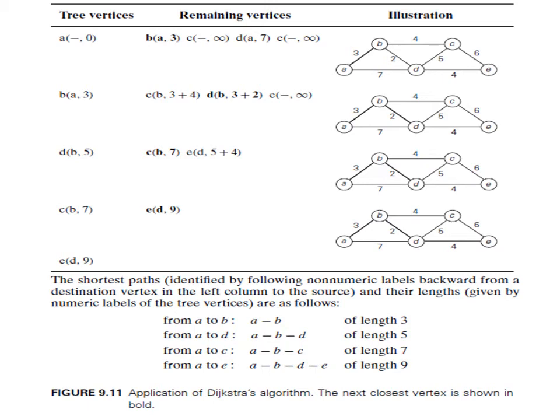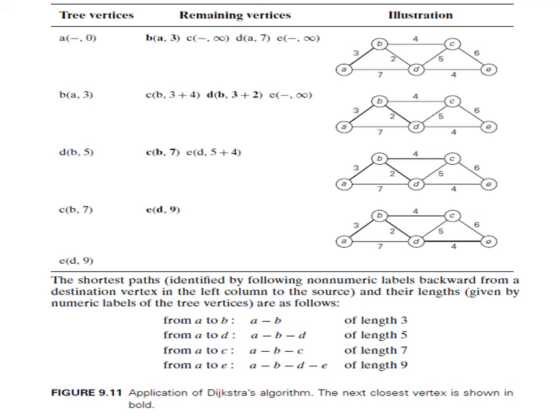We have to add that here, because it is not just a spanning tree construction here. We are going to find out the distances from source vertex to all other vertices, so it is necessary. Then B to D. A to D direct path was 7, but via B it is 3 plus 2, which is equal to 5, and that is lesser than 7.